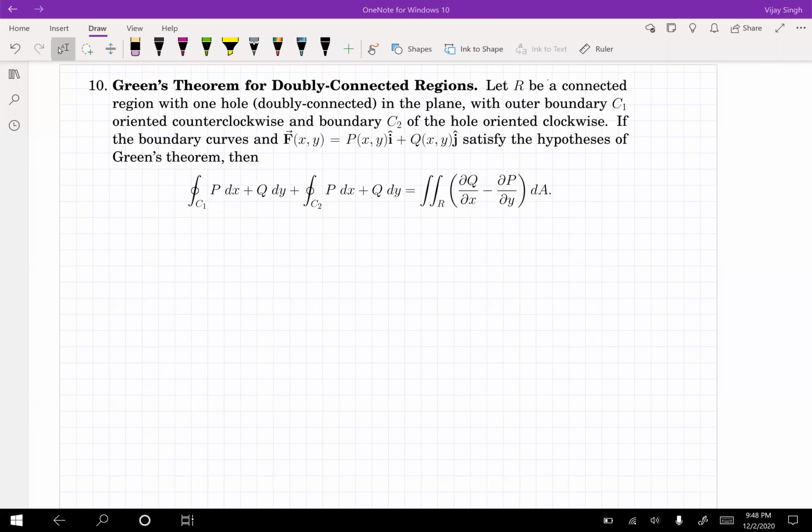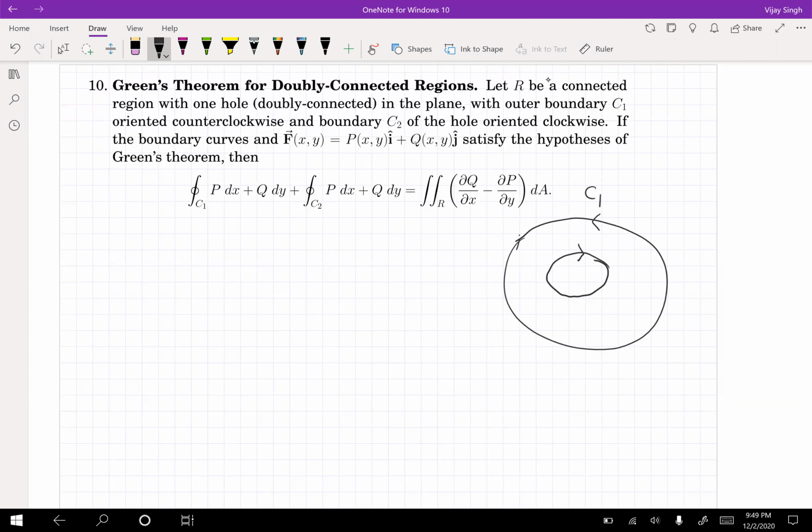So let's try to understand this scenario. Let R be a doubly connected region with one hole in the plane. So let's see, we have a region R. The outer boundary C1 is counterclockwise, and we have a hole inside, which is C2, oriented clockwise.